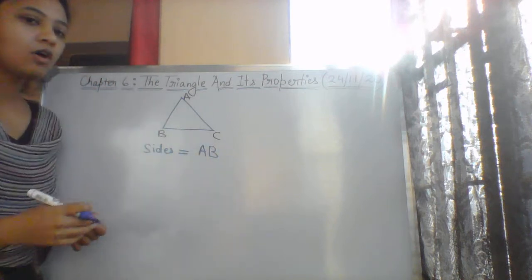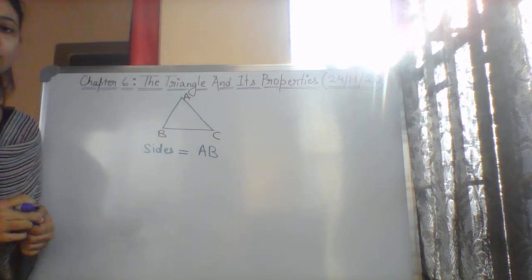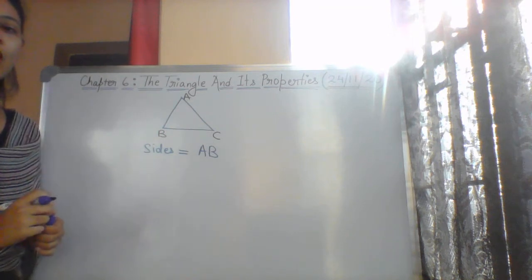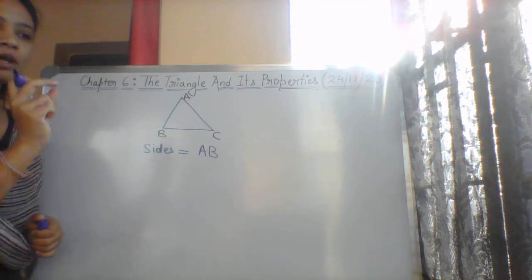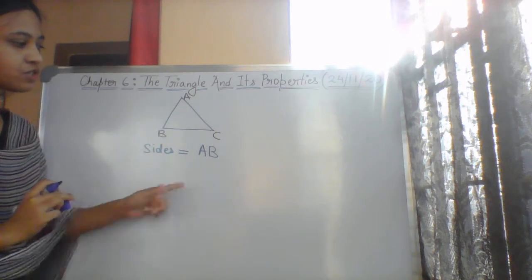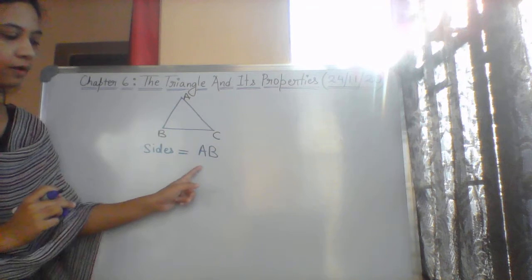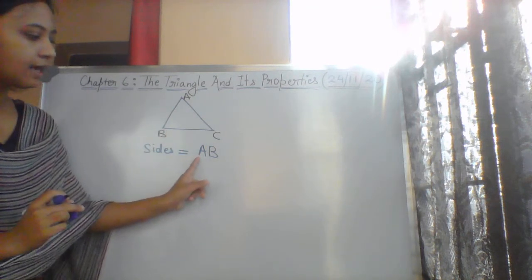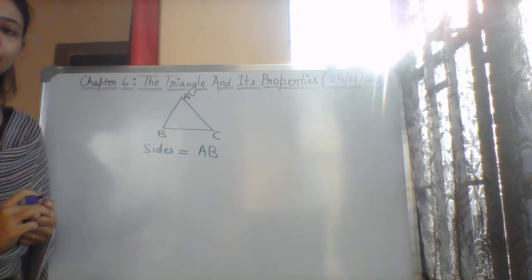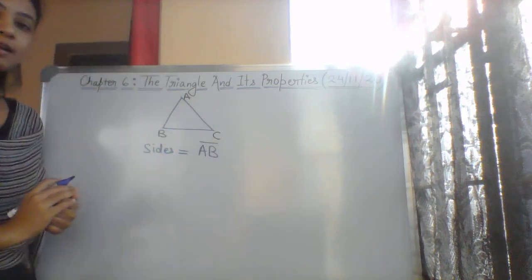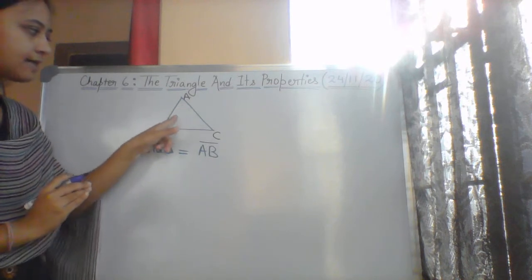Now you recall, you have learned how to name any line segment, any line, any ray. So which symbol do I have to use so that it directly symbolizes AB is a line segment? Yes, we are going to use a bar over that. That denotes AB is a line segment.